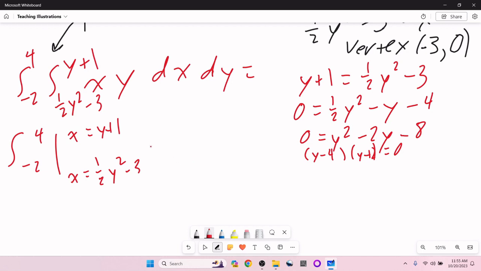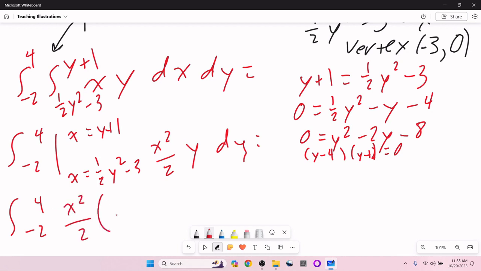We do the x integral, which gives us x squared over 2, dy.